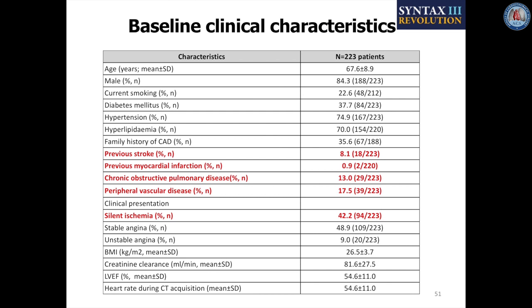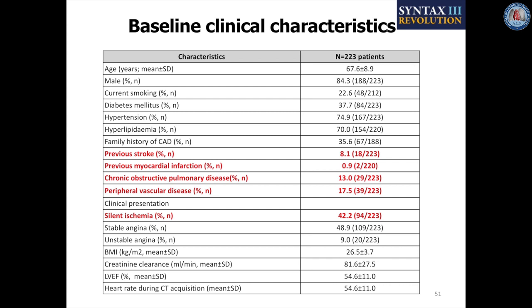It's not the patients who are randomized, it's the doctors, but you could see it was a quite severe population with previous stroke, 8.1%, previous myocardial infarction very low, since the type of recruitment was based on patients not yet revascularized by any means, including PCI.